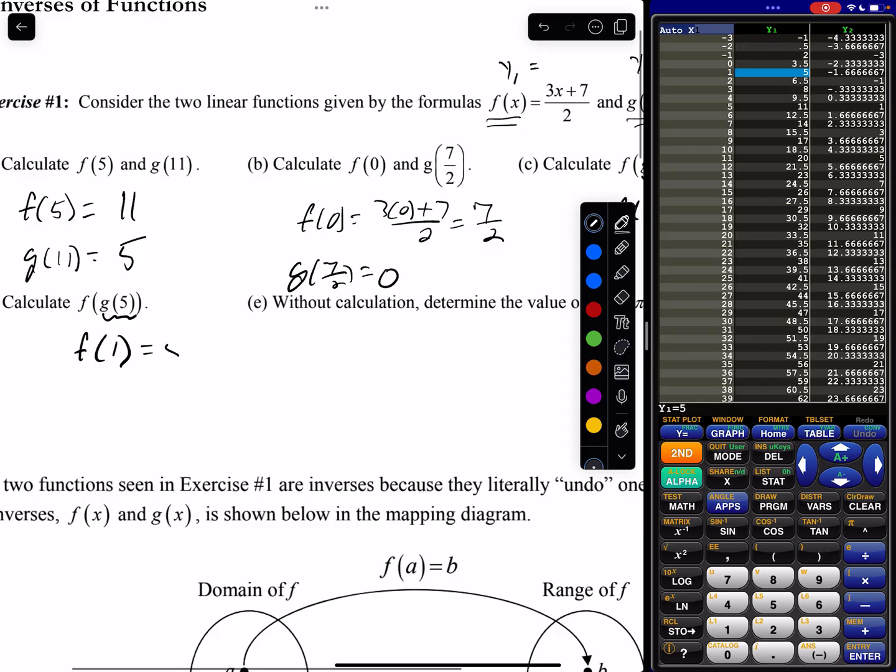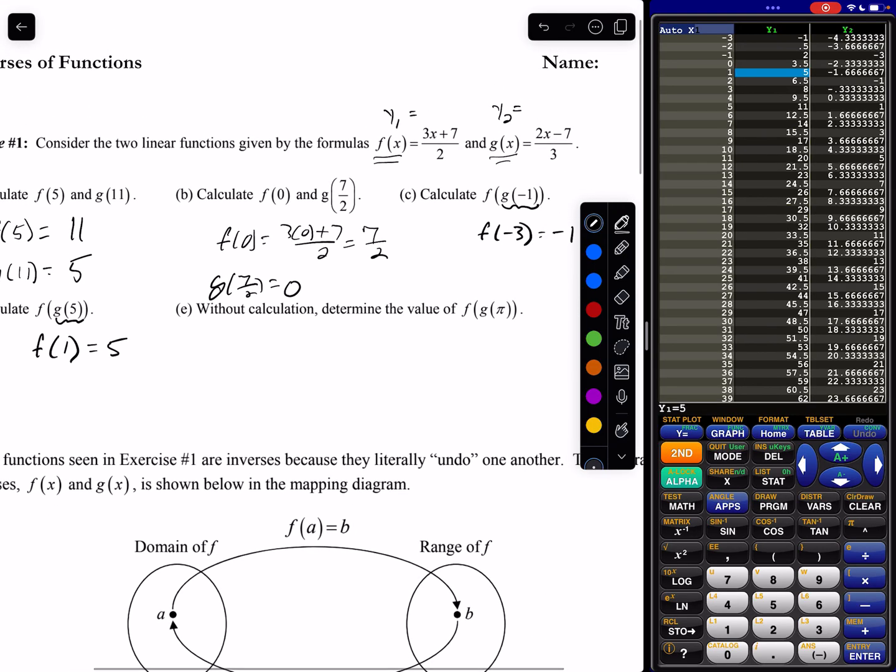I get 5. So that's interesting. Without a calculator, determine the value of f of g of pi. Well, you're going to know now that f of g of pi is equal to pi, and the reason that works is because they are inverses of each other.